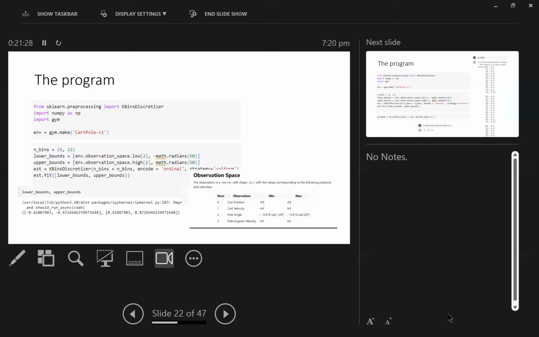All you need to do is to call this function and use these two numbers as arguments. Then what you get is the corresponding bin. So you don't need to know exactly how the mapping is done. This model will do it for you.